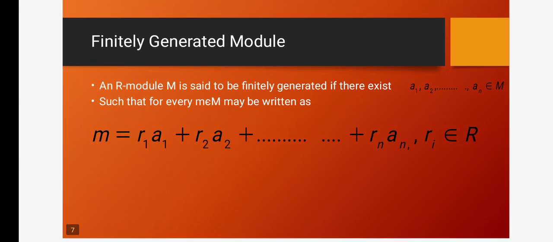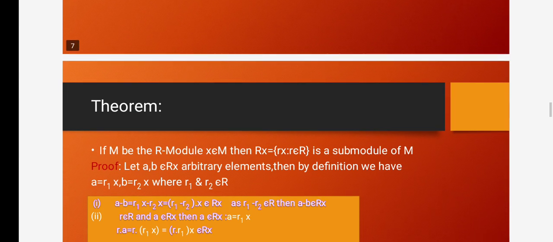Finitely generated modules. An R-module M is said to be finitely generated if there exist n elements a1, a2, up to an belonging to M such that any element m of M is written as m equals r1a1 plus r2a2 up to rnan, where all the ri belong to the ring R.